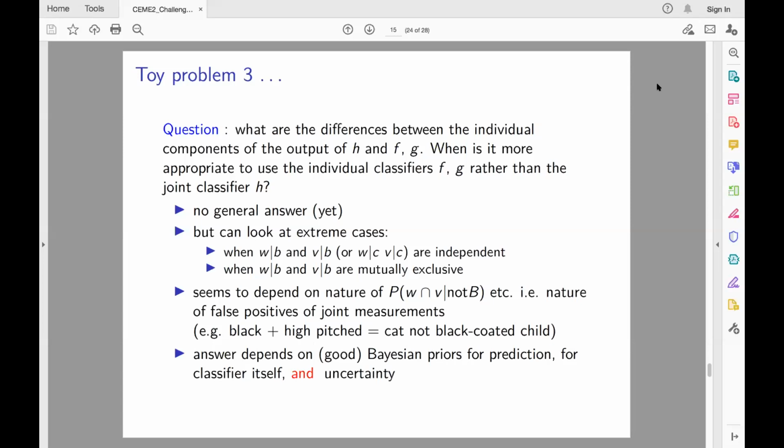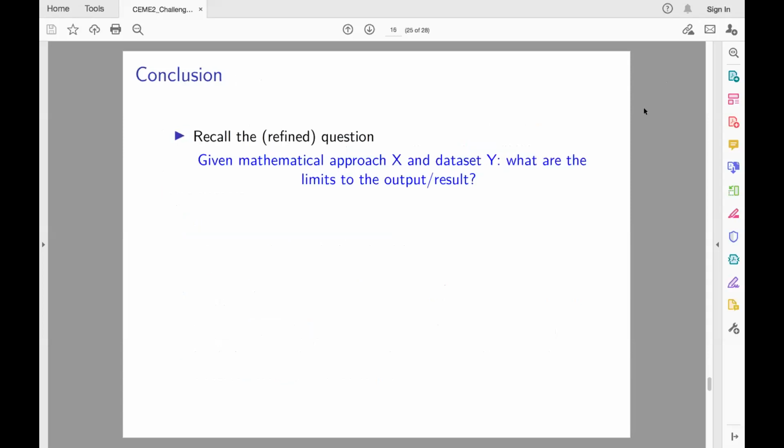So where are you going to get these Bayesian priors from? Well, if we can analyze the data set nicely, if we know how we're training the classifier, then this can inform us about the priors that we're using there. And it's also got to do with the uncertainty in the sensors as well. Back to Alan, I believe.